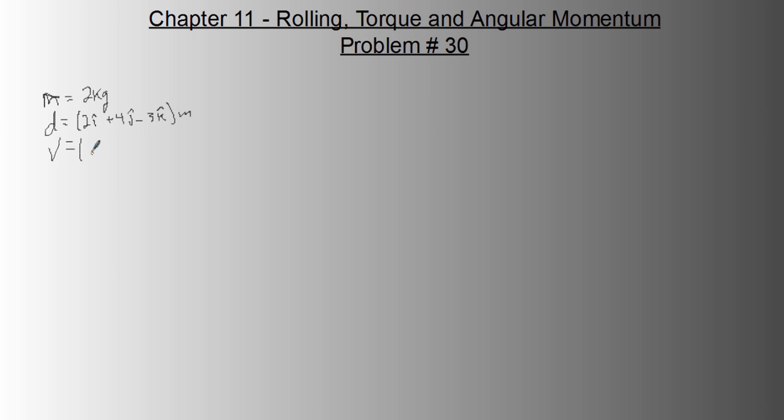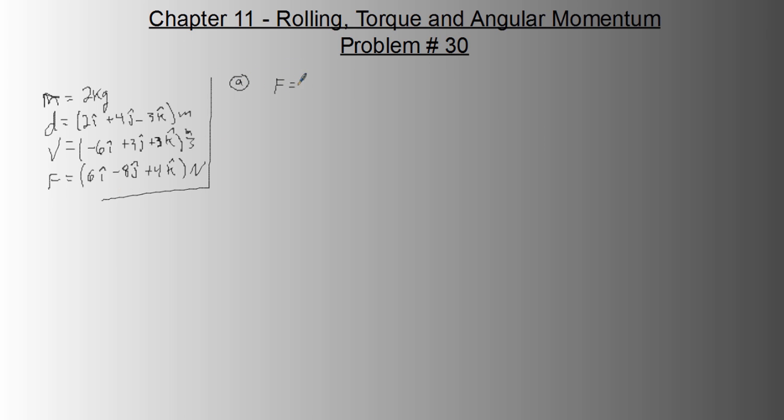Velocity is negative 6i plus 3j plus 3k meters per second, and the force they give us is 6i minus 8j plus 4k newtons. Part A is just asking for the acceleration, so that's pretty straightforward.